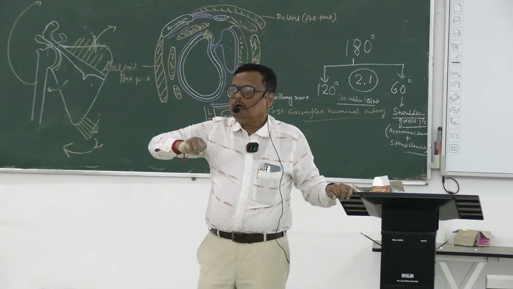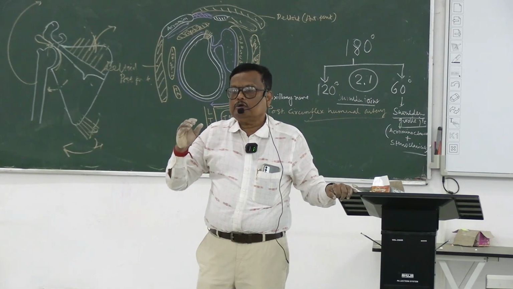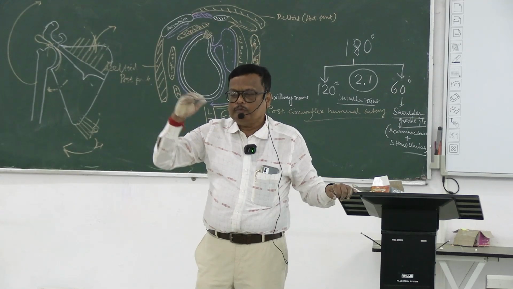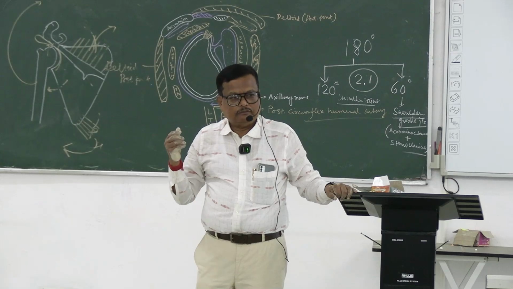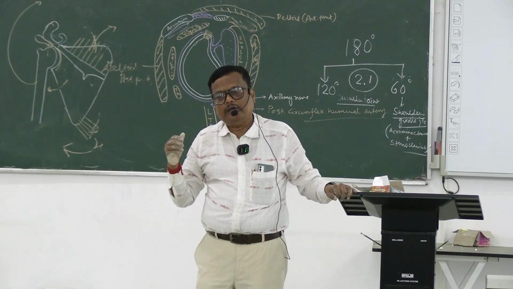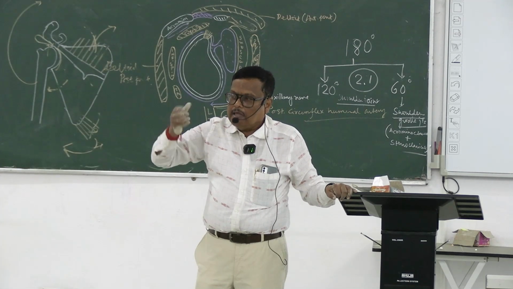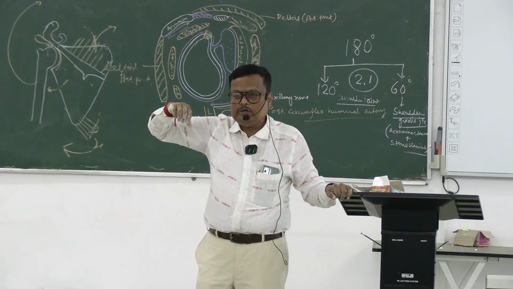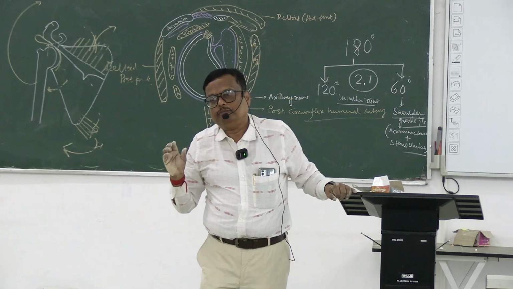Then, after 90 degree, the greater tubercle of the humerus may impinge on the acromion process. So, there is a lateral rotation by the infraspinatus and teres minor, so that it comes out, and then it goes up to 120 degree. Then the whole of the articular surface has been used up.